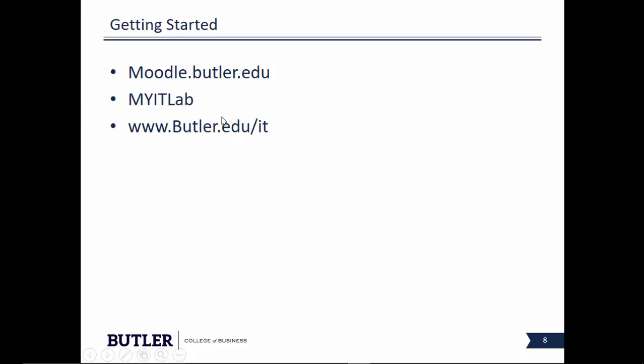Now, the reason I bring up My IT Lab is that is the software you will use to complete your homework and to take your tests online. Now, when you purchased your book from the bookstore, you should have received an access code to My IT Lab. For you, My IT Lab will be integrated into Moodle, which we will walk you through in a separate video, but you will need that access code in order to gain access.